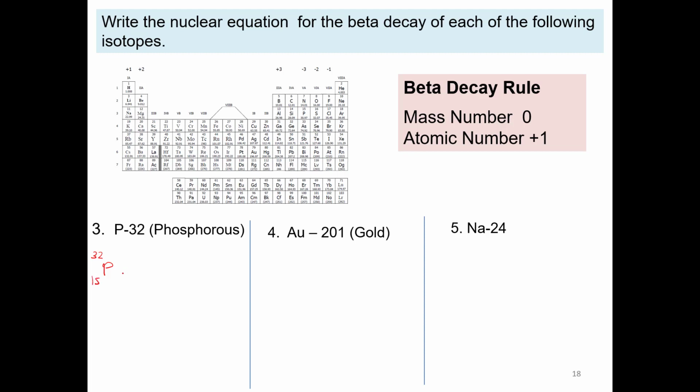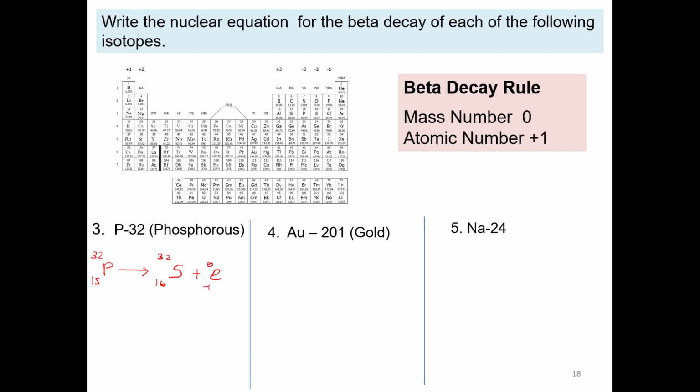If the beta decay occurs, the new isotope will have the same mass number, because we don't need to change anything. But for the atomic number we need to add 1, so it will be 16, plus a beta particle. Now we need to check what 16 is, which is sulfur.